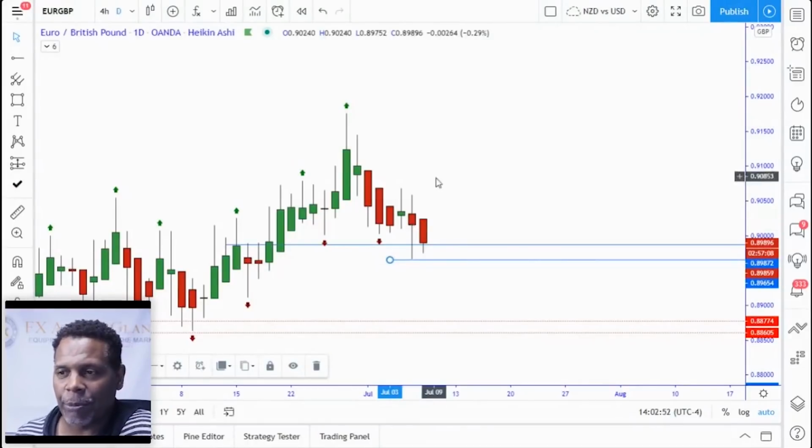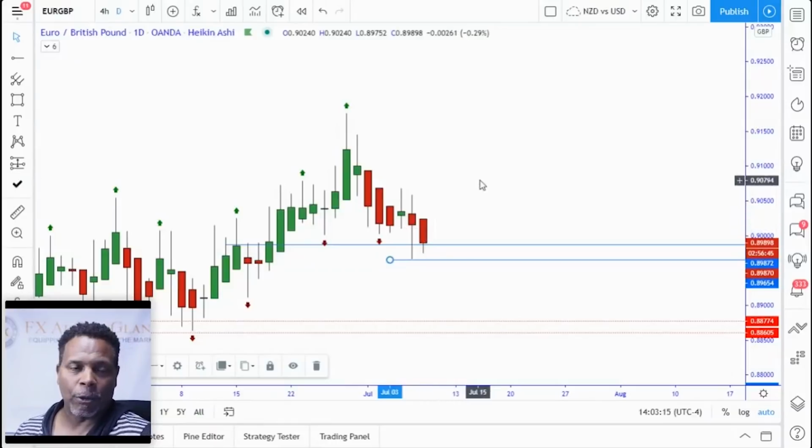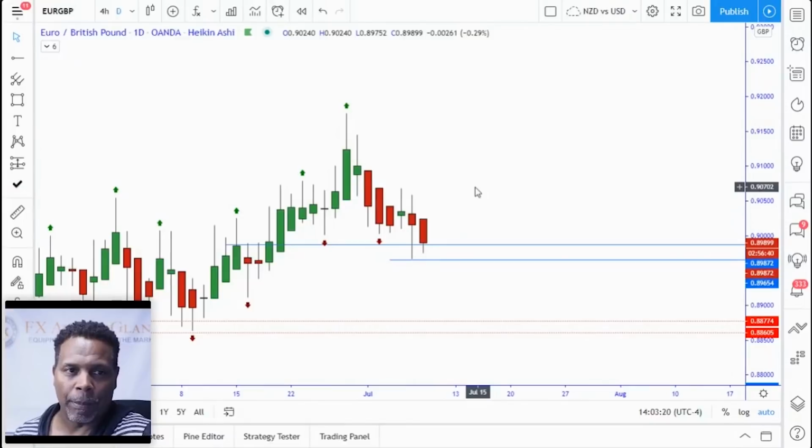So I had 52 pips less of a stop loss when I got in with the 4 hour as opposed to the daily. But I got into both trades. The only thing is that stop loss was much bigger for the daily, 52 pips bigger. That's big for some folks, especially if you're using a standard lot. I never use standards. I use minis because I can make them into standards and I can cut them in half.